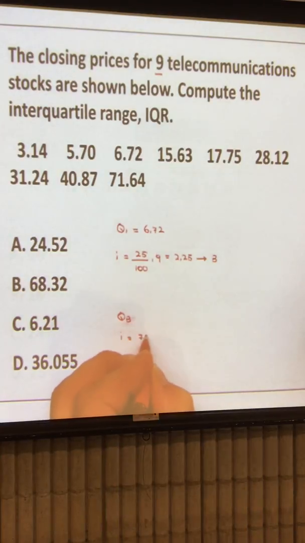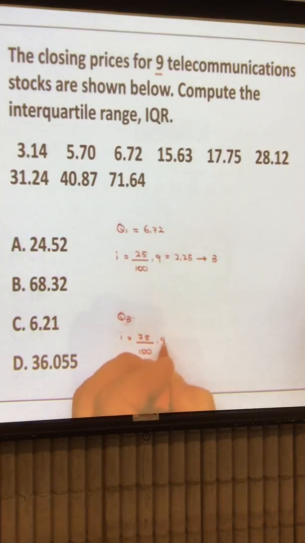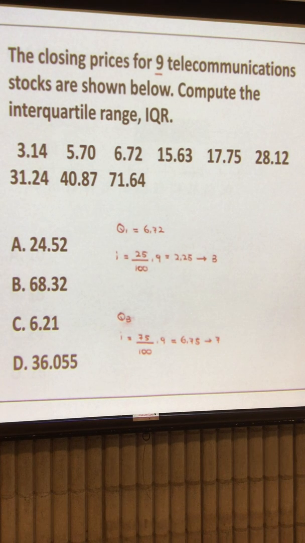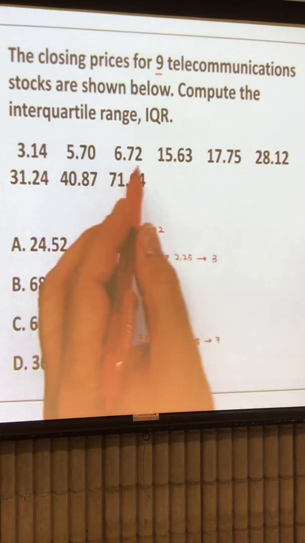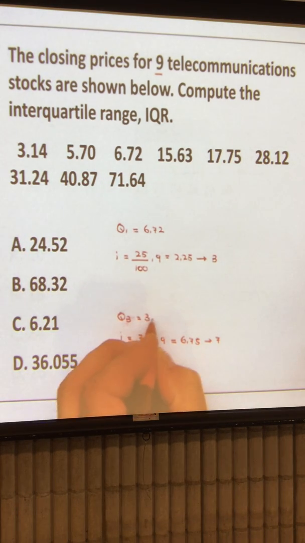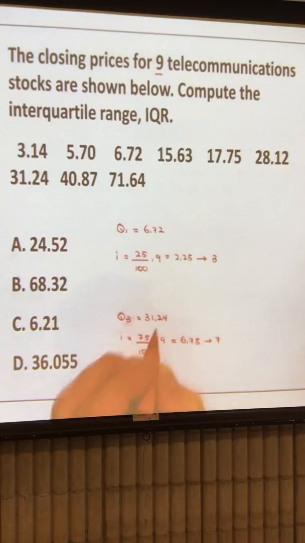We have to repeat the same step for the third quartile. The index is 75 over 100 times 9, which is 6.75. We round up to 7, so the value of the 7th ranked observation will be 31.24.